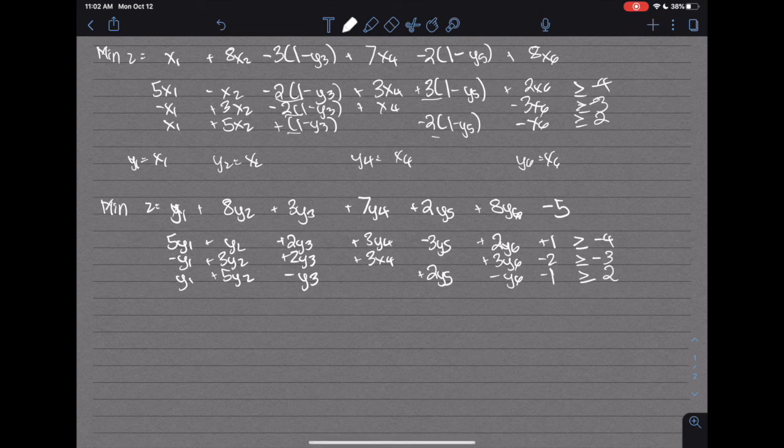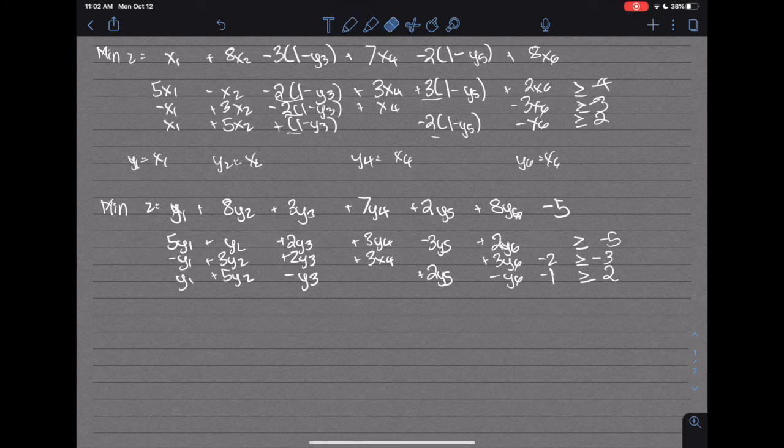I will just put all of constants on the right hand side. Let's do that quickly. So this becomes a plus 1, transfer there. This becomes negative 5. Greater than or equal to negative 5. Minus 2, minus 3, transfer there.